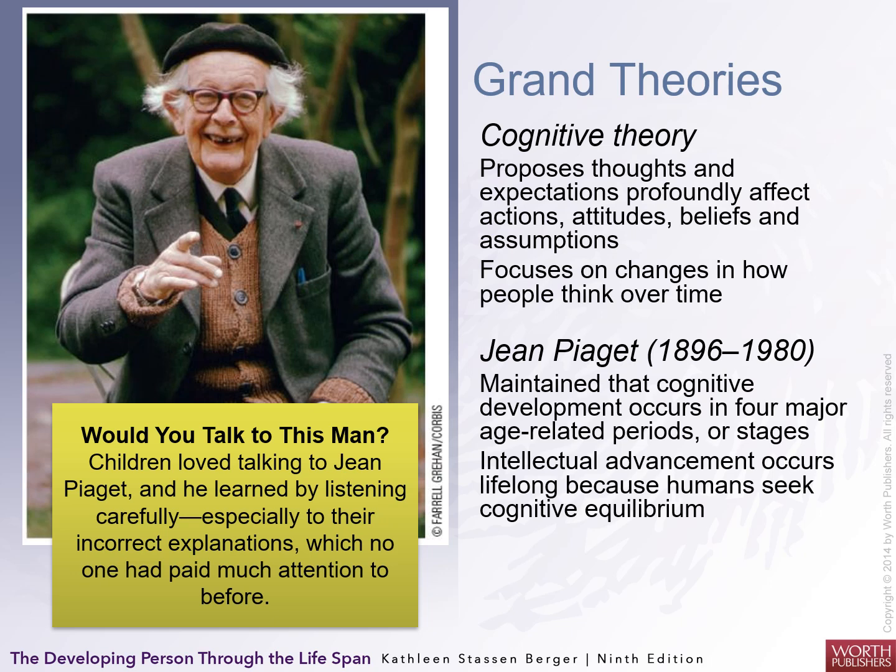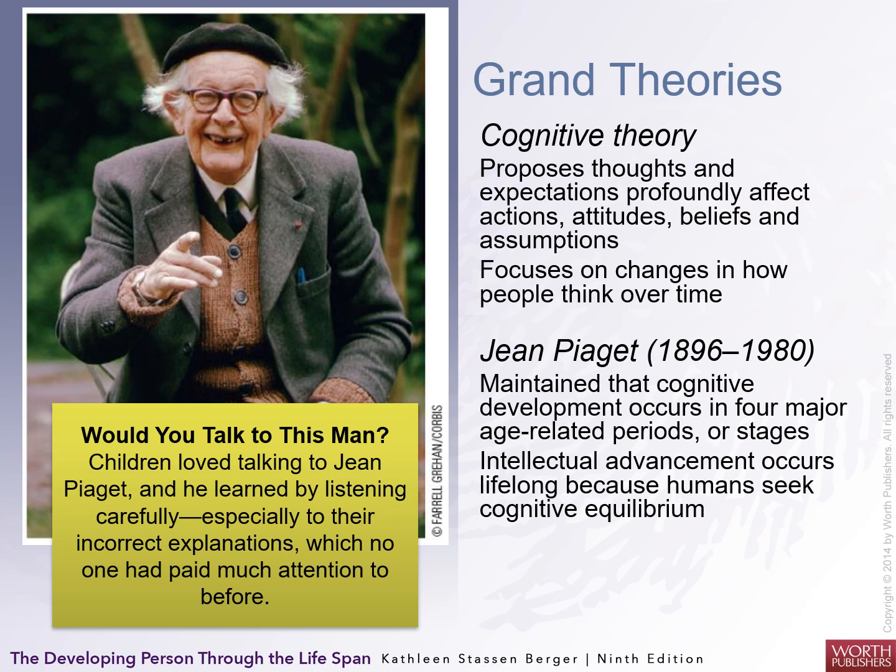And then, of course, there are other grand theories that include the cognitive theory, as proposed by Jean Piaget. Little known in the United States, he proposed that thoughts and expectations profoundly affect actions, attitudes, beliefs, and assumptions, and these things change over time.